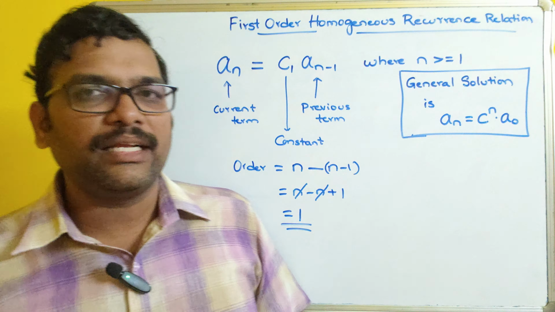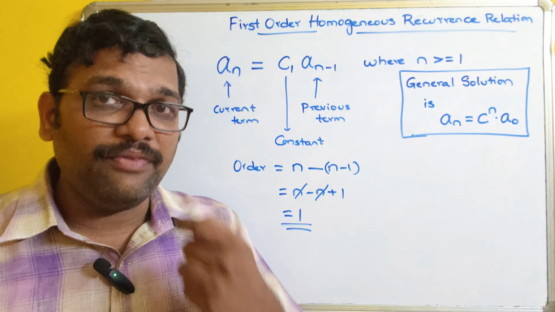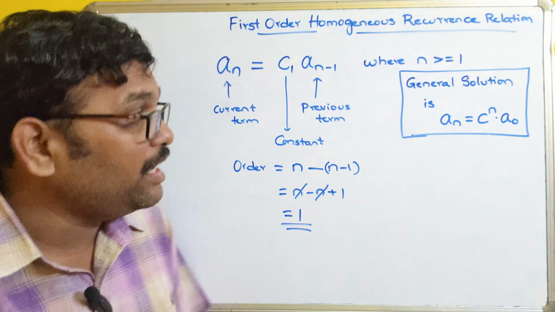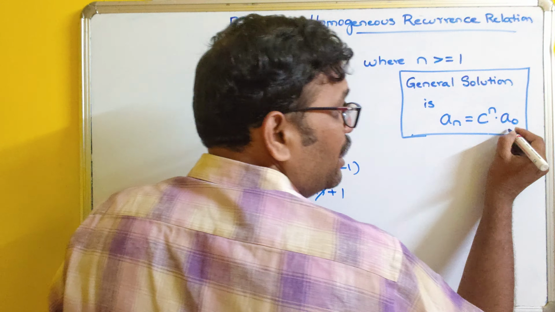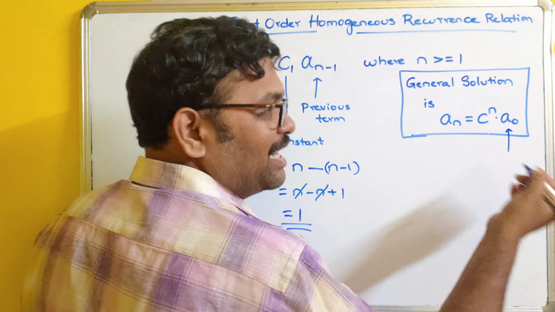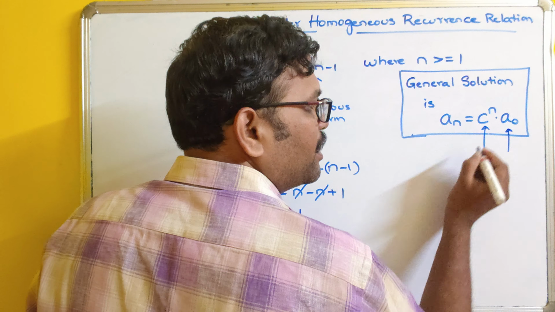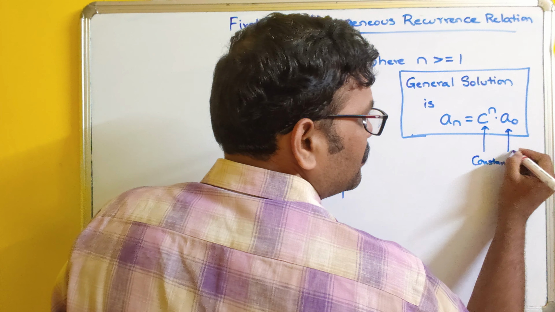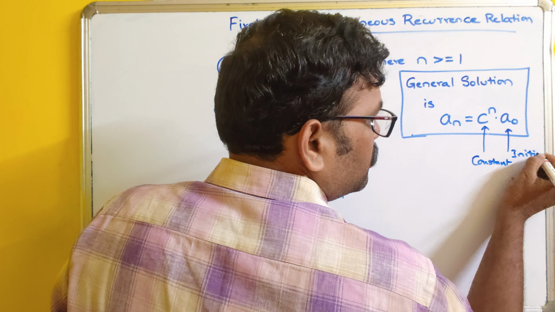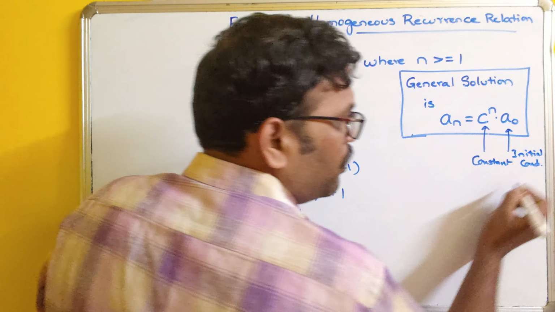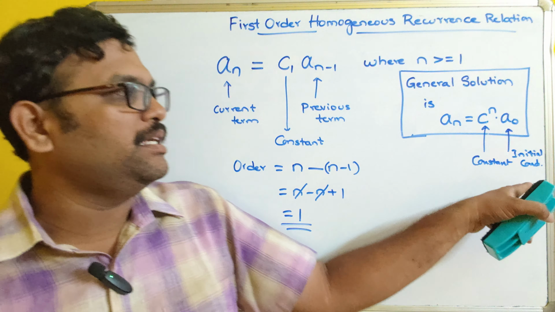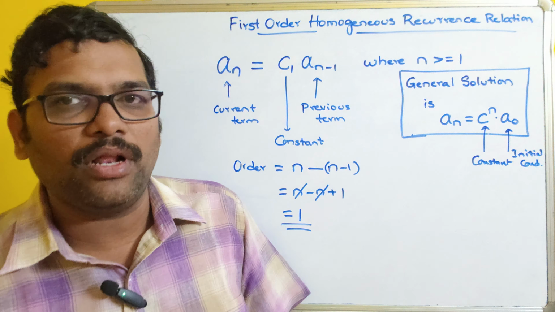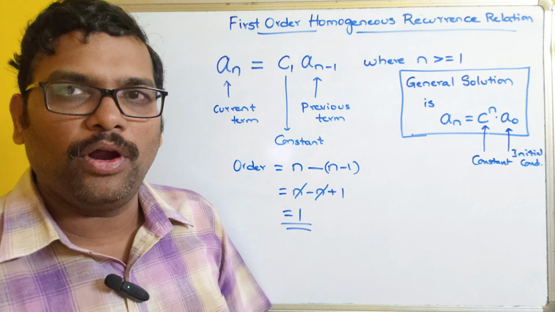For a given problem, we need to find this format. So here we will be having a naught, the initial condition, and we will be having the constant. So we need to find out these things and we have to get the solution in this way for first order recurrence relation. Hope you got it.